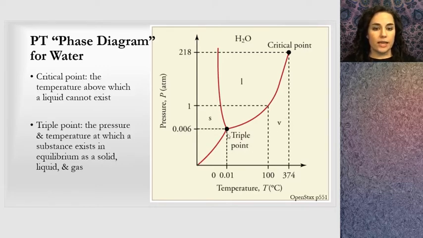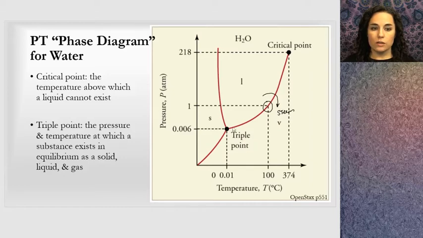And what we see along any of these lines is when a phase change happens. So if we look at 100 degrees at 1 atmosphere of pressure, we know that water will go from a liquid to a vapor. It will go from liquid water to steam.